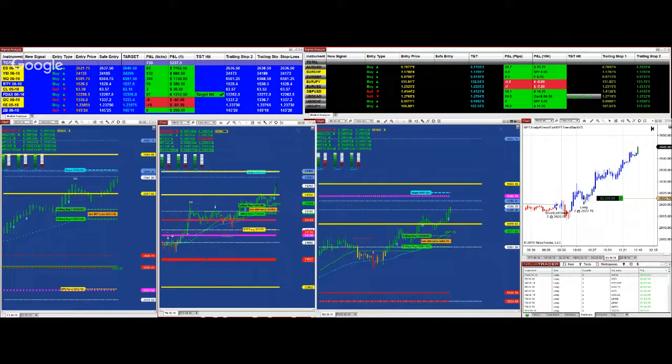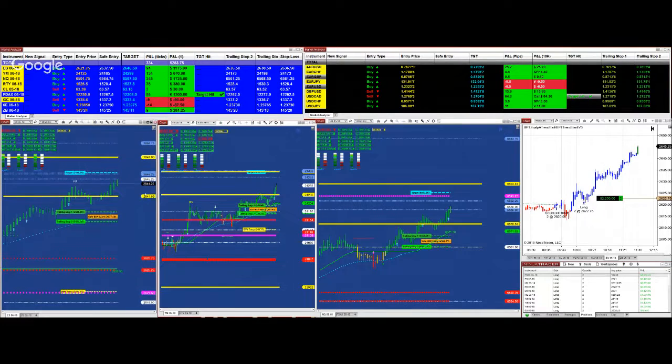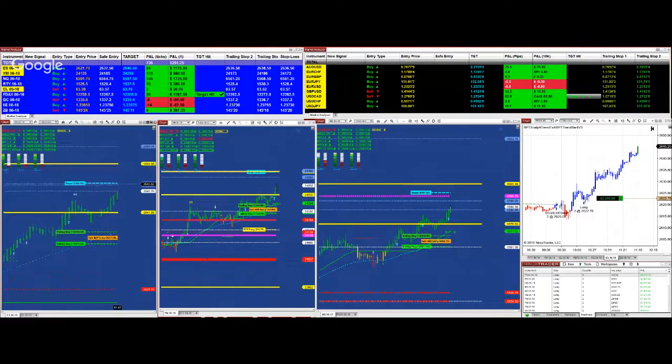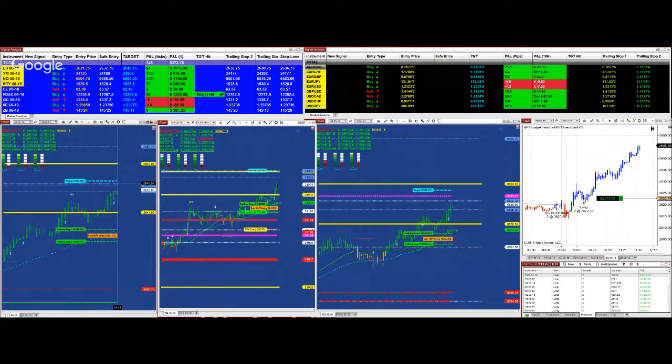For the ES trader right now, once you hit this 46 level, you're going to be in trouble right there, and it could be a little sideways. So you have to be very careful right now. A lot of profit taking is going to be around those levels.